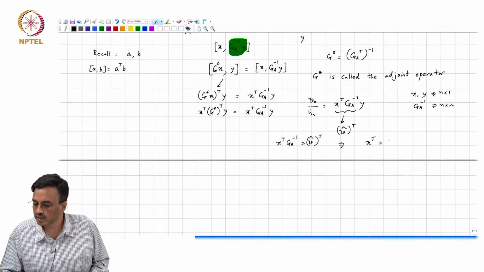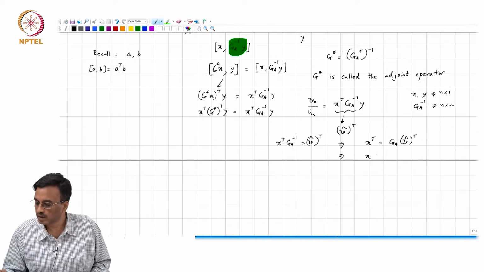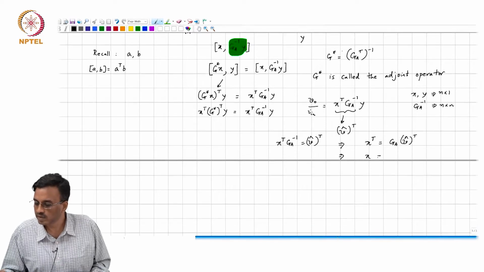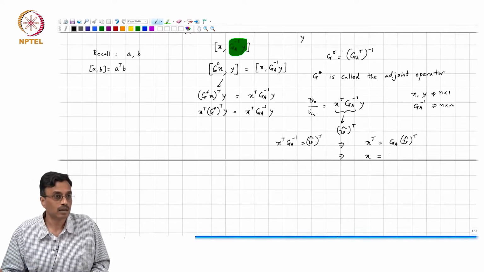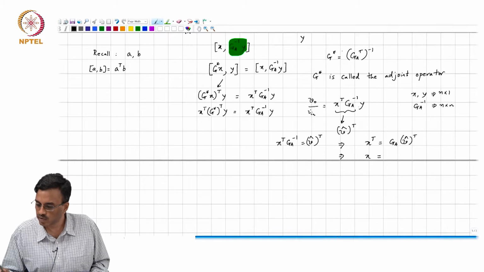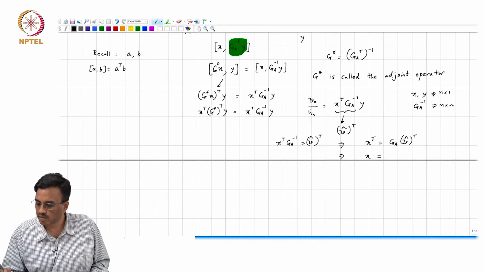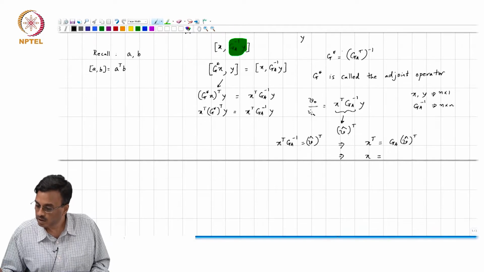X transpose is GA times V hat transpose, which is equivalent to saying X equals, what? Pardon? Hold on, I think I am at X transpose GA inverse equals V hat transpose. V hat is basically a column vector. So, what do you, pardon?